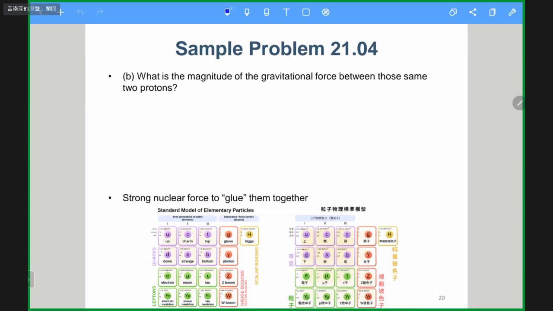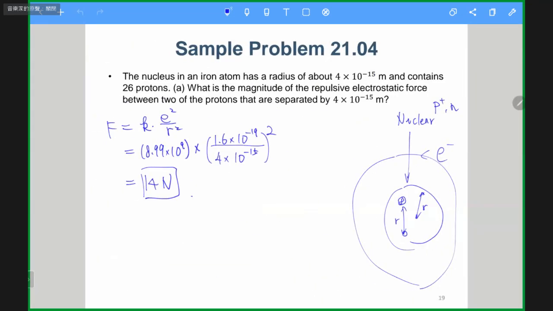So for part B, it asks you what is the magnitude of the gravitational force between those same two protons. Just now we know that there is some force repelling the protons.